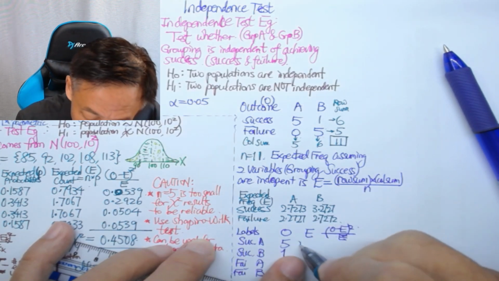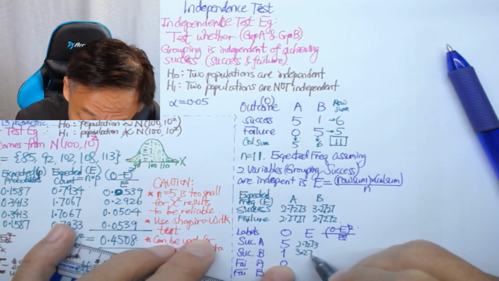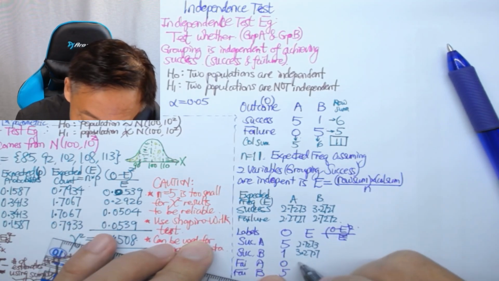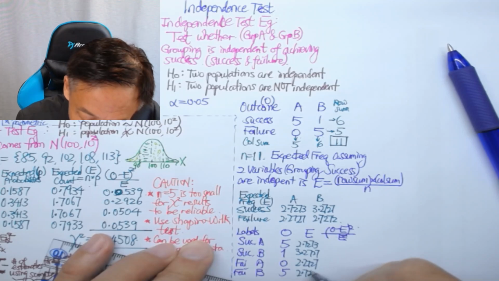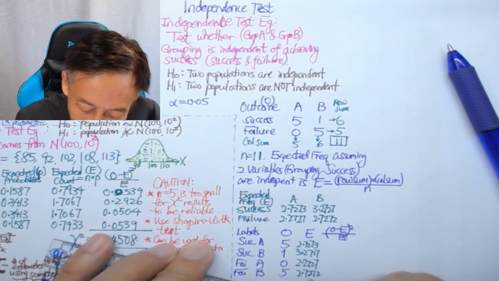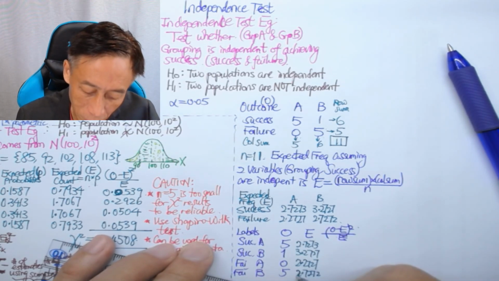The expected: success of A, 2.7273, success of B, 3.2727, failure of A, 2.2727, and 2.727. Now there's 2727 and then 7272. Sorry about the choice of numbers, it just happens that way.